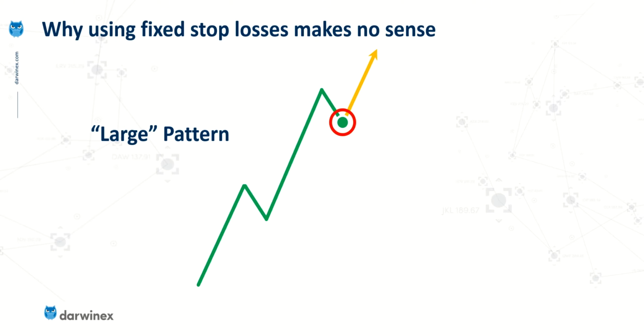Now let's first look at the example where this is a particularly large pattern. And so here, if we're using the principle of a 100 pip stop loss, that will be relatively close to the entry point in relation to the size of the pattern. Now, I hope you see the major issue with this. At the point we've set the stop loss here, this is actually a viable level for entering a trade.